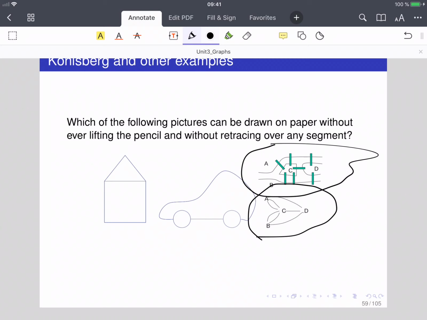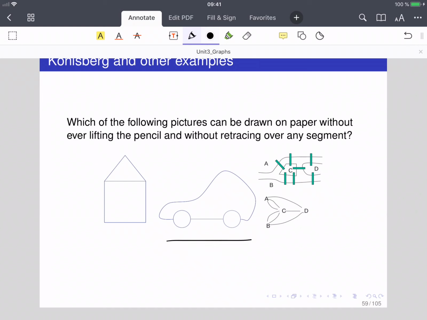We can generalize this idea to other graphs, like for instance this toy car here, or this toy model of a house, and consider that where two or more edges or lines join, we have a vertex in the graph. Okay, and the idea is again whether we can form a path that uses all the edges once and only once.